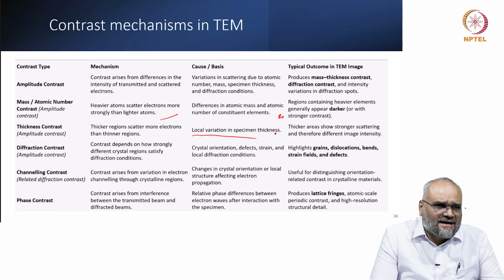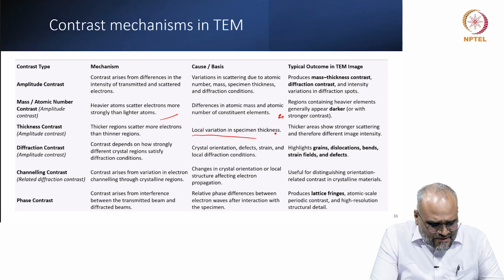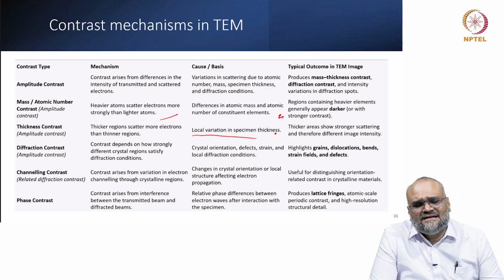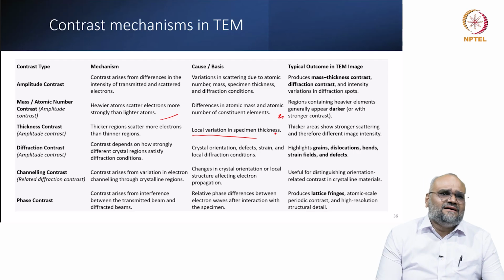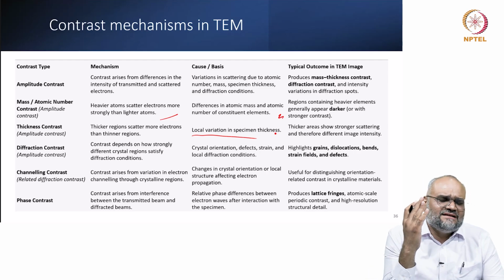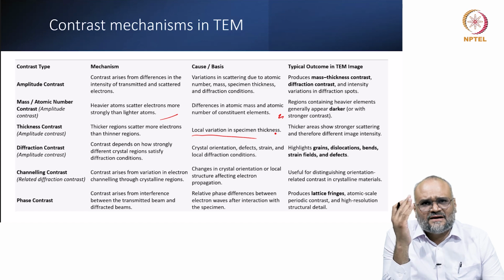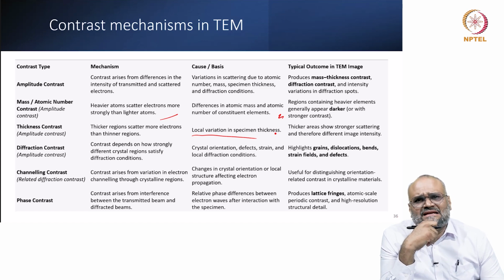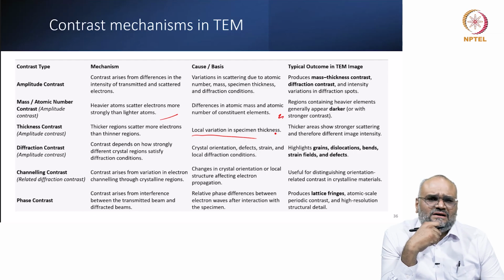And the contrast in the case of diffraction contrast depends on how strongly the crystals are oriented, or how they are satisfying Bragg's condition with respect to the incident electron beam. This has an effect on imaging defects, strain, and variations in the local diffraction conditions.